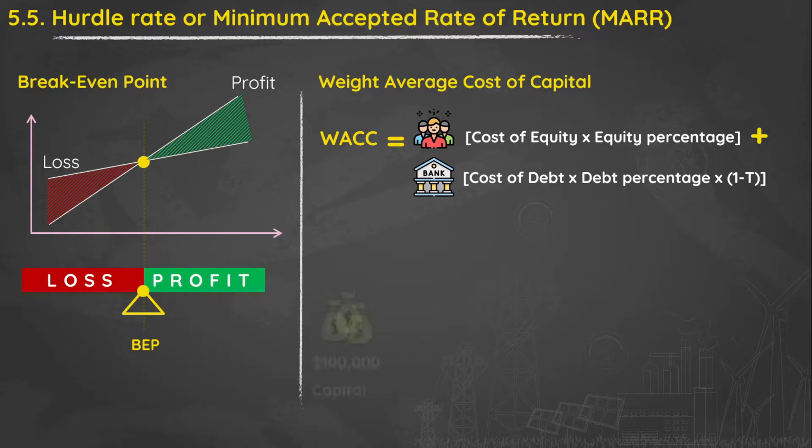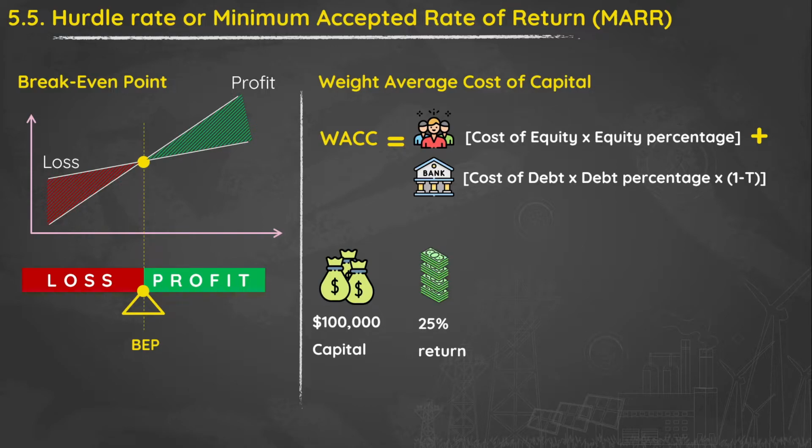For example, let's say it's 11%. If you have a WACC of 11% and your capital is $1,000 and the return is 25%, while you have a WACC of 11%, that makes your profit only 14%. Why is that? Simply you have 100K. You invested this 100K in a project, you get back 25%.